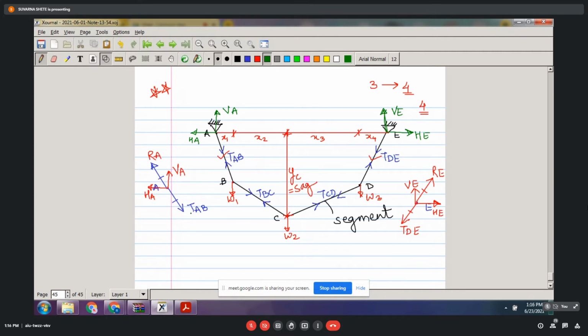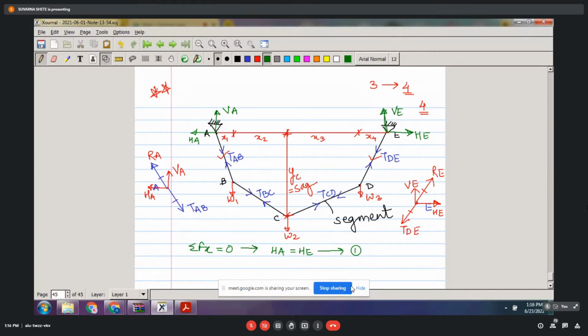Now if I apply conditions of equilibrium to the entire truss, my equation of summation Fx will give me HA equal to HE, yes or no? Because the only horizontal forces present in the structure are the horizontal component at this hinge and the horizontal component at this hinge.